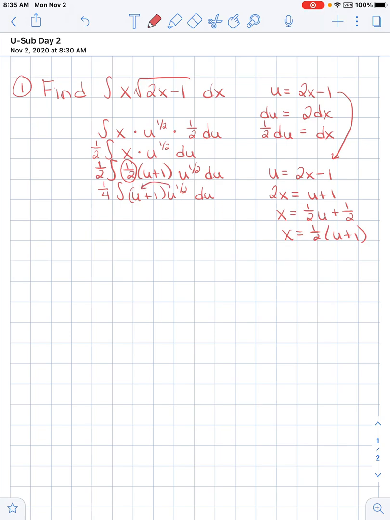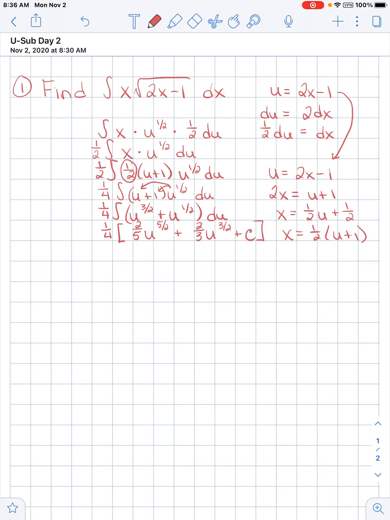So what we can do, though, is distribute this in. So that gives me u to the 3/2 plus u to the 1/2. And that's all multiplied by du. Now I can find the antiderivative. Okay, so if I find the antiderivative, add 1 to that, that's 5/2, so that's u to the 5/2. 1 divided by 5/2 is 2/5, plus add 1 to that, that's 3/2. 1 divided by 3/2 is 2/3, plus a constant.